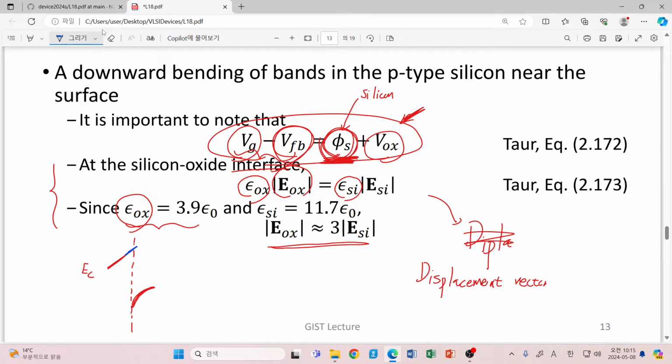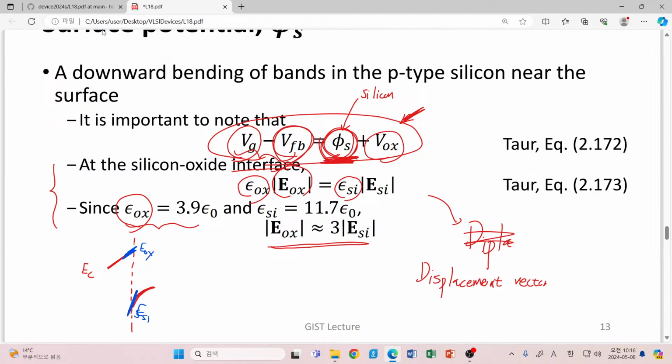Because this slope and this slope correspond to your oxide field and silicon field. And as you know, the silicon field should be just 1/3 of the oxide field. However, my ugly diagram shows a much more moderate value for the oxide field.